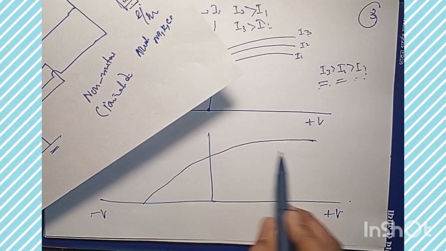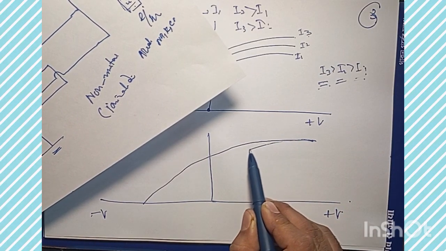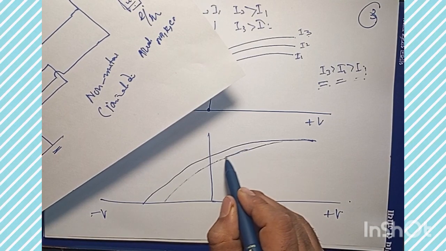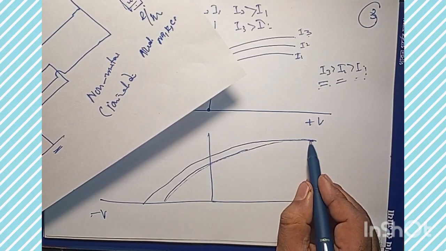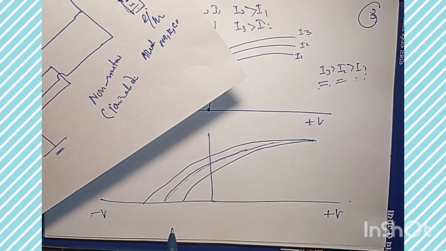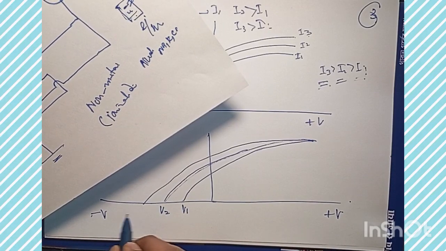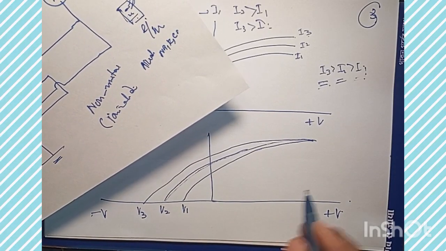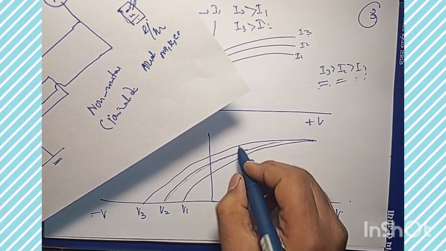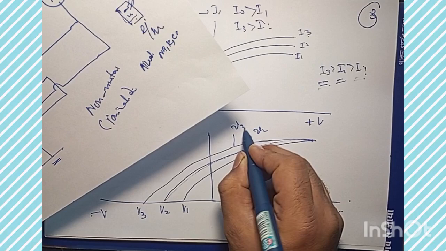What I find is different stopping potentials. So this is say V1, this is V2, and this is V3, and this is nu1, this is nu2, and this has the frequency nu3.